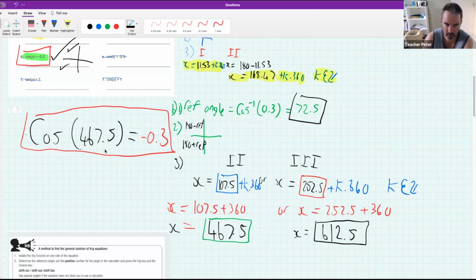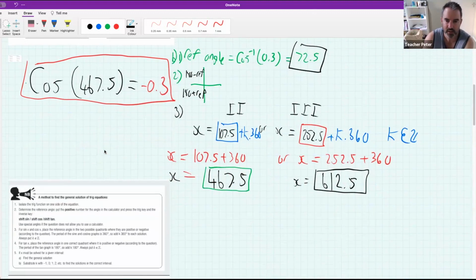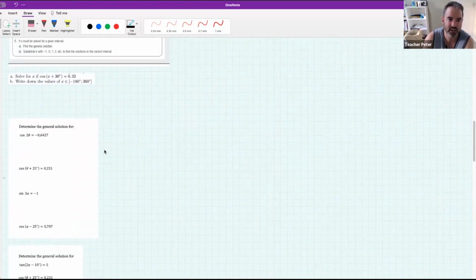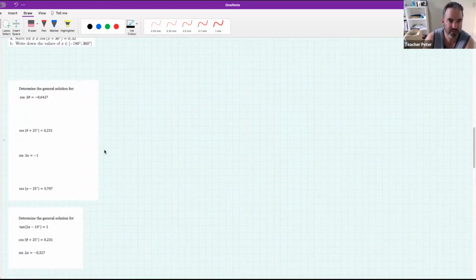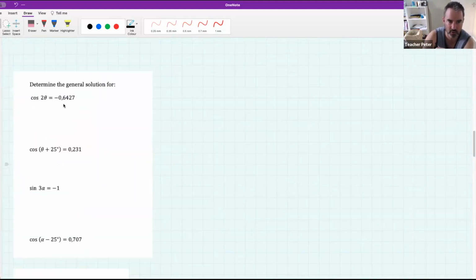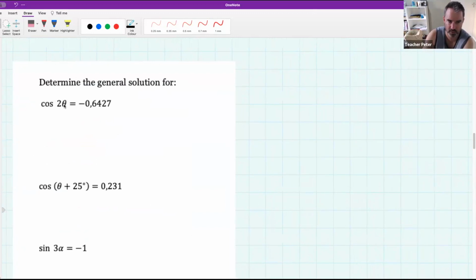Okay, so we have handled the standard trig equations. What we need to do now is start to deal with some more exciting ones. So let's have a look at this type of trig equation.